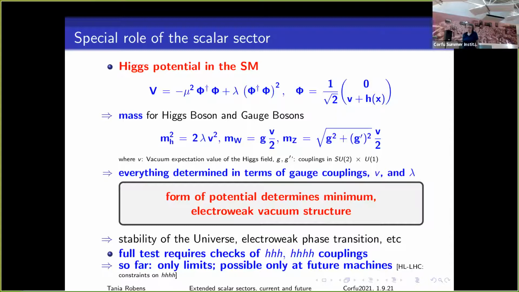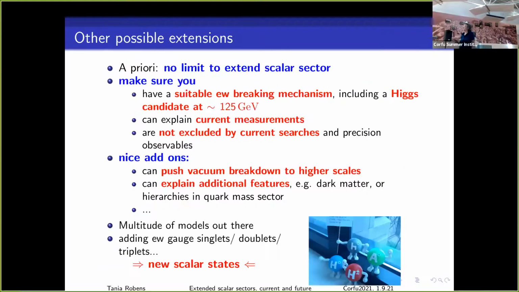So when one says we already know everything and we have seen everything in the standard model, it's not completely correct, because what we did not check yet are these couplings. The triple Higgs and quartic Higgs couplings are predicted to have a specific value from the standard model alone, but we have not measured them yet. We have constraints on this and projections of possible reaches for future colliders, but so far we don't know. So in a sense, we are not done, even with the standard model test, I would say.